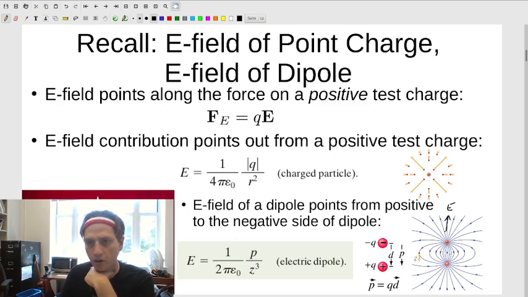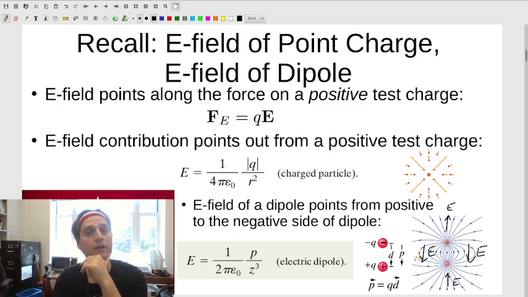Above and below, the electric field is pointing with the dipole, but because the electric field points from plus to minus, our electric field is pointing opposite those charges between the two. So on the sides it's pointing opposite, along the dipole axis it's pointing with.